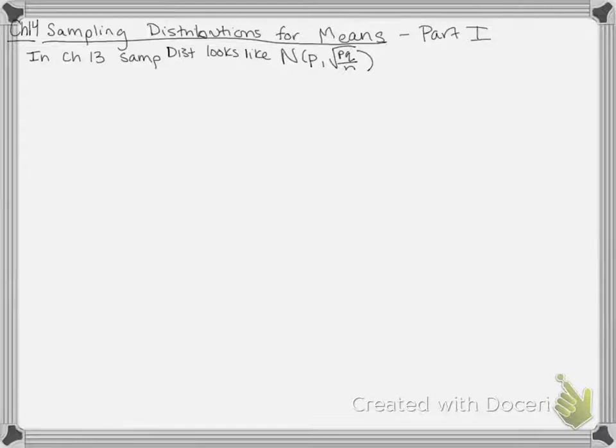So we want to apply a similar concept to means. Let's remember a sampling distribution for a mean: it's when we continue to draw random samples from the population of the same size, and we use a model to estimate what will happen over time when we continue to do this.